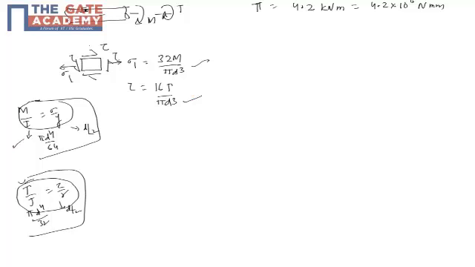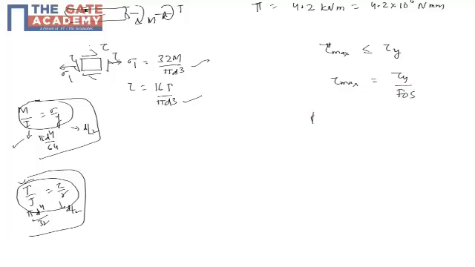Once we have got this, we are asked to find the factor of safety with respect to the maximum shear stress theory. The maximum shear stress theory says that tau max should be less than or equal to tau y, for the safe side. In terms of factor of safety, tau max is equal to tau y by factor of safety.